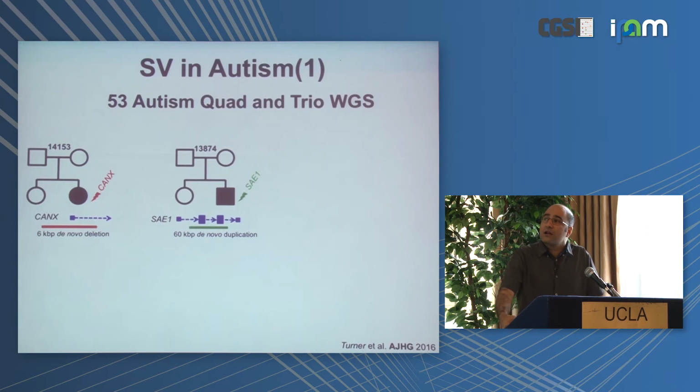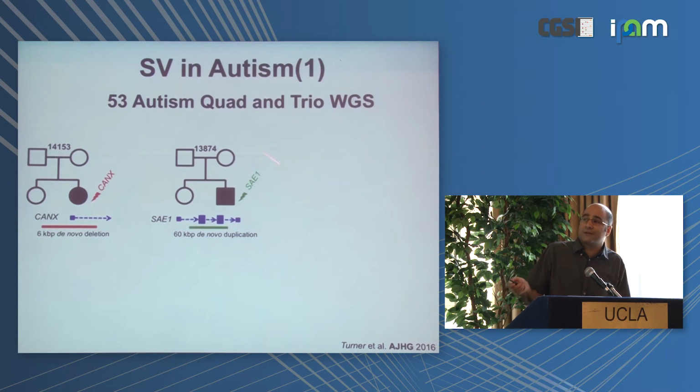So finally, let's look at structural variation in the context of disease. I'm showing you some examples from the whole genome sequencing of autism quads and trios. These are families in which the mother and father are not diagnosed with autism, but they have one child who is. These 53 quads and trios were whole genome sequenced, and we ran our methods for calling structural variations.